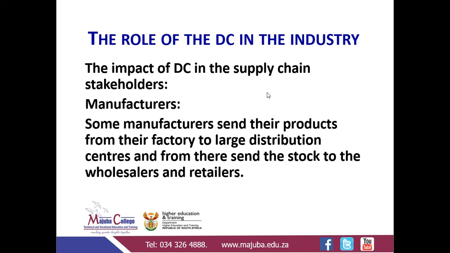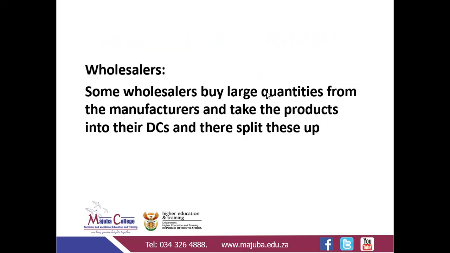The distribution center has an impact on our manufacturers, because they send their products to the distribution center in large quantities. It becomes easier if a retail store has a distribution center, because it's easier for the manufacturers to send these products in large quantities. Then we have our wholesalers.